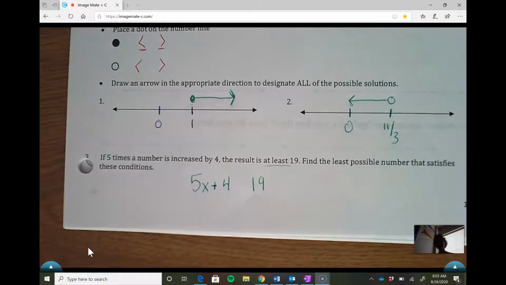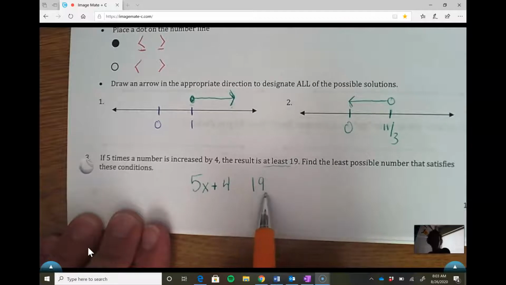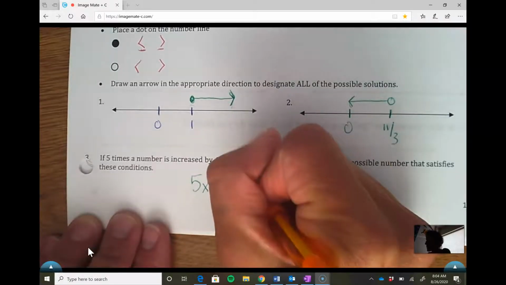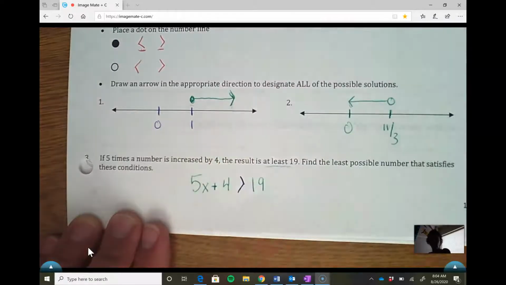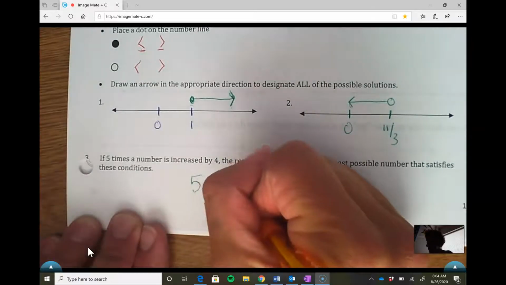So I think people hear "at least" and they think less than, but it actually means that you have to be greater than the 4 feet. So that means that whatever I do over here has to be at least 19, if not more than 19. So more than 19 will go like this. And at least 19 means I can include 19, so I'll underline it.